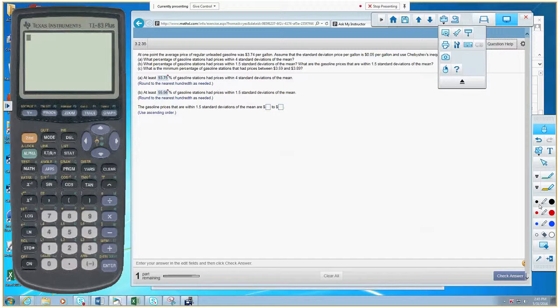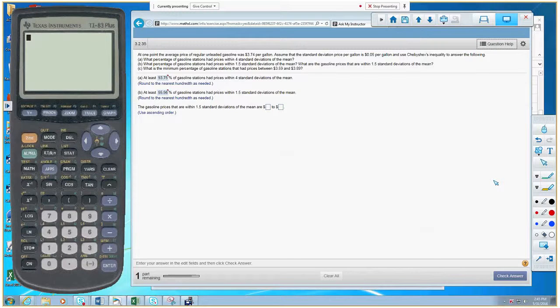Okay. 1 minus 1 over K squared times 100. So that's going to be 1 minus 1 over 4 squared times 100.